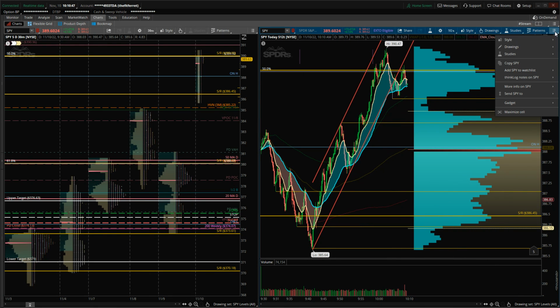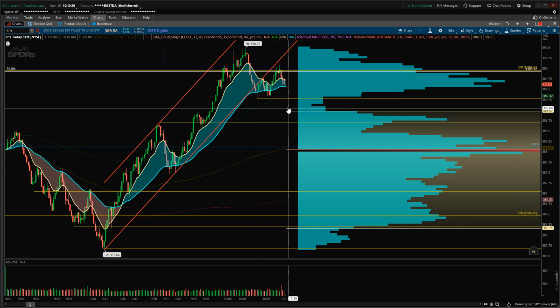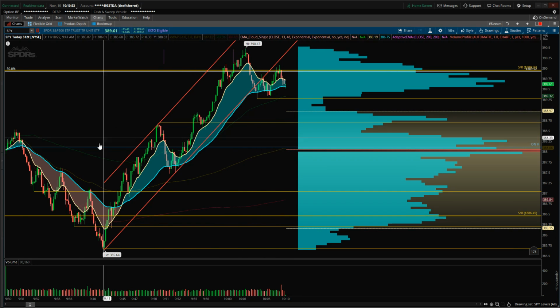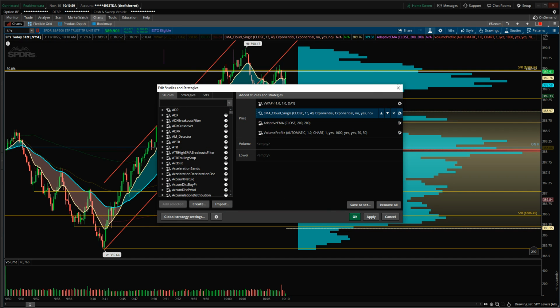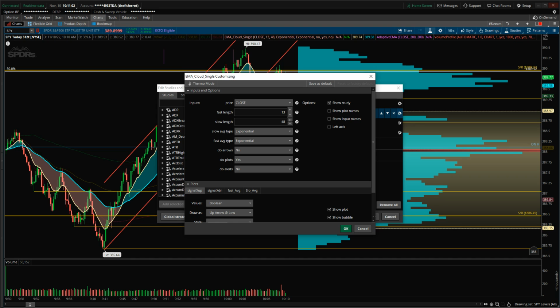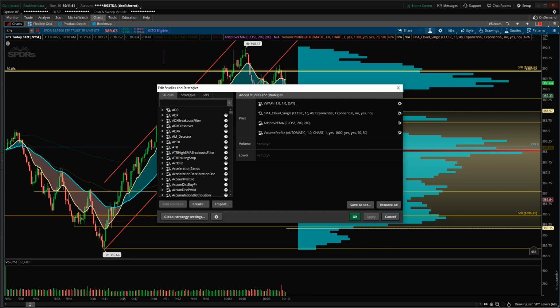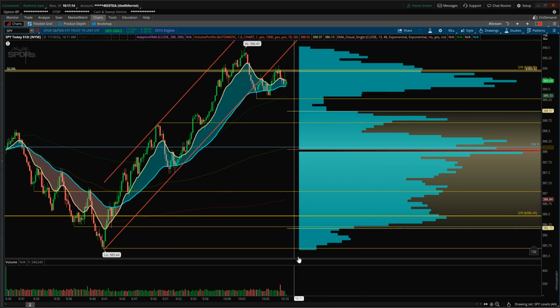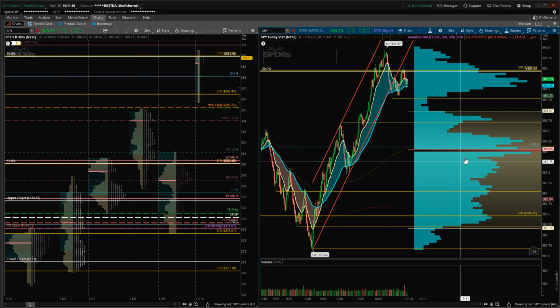I mean, if yours is set up exactly like my stream, yours should look exactly like this. 512 ticks, EMA cloud, 13 for fast, 48 for slow, both set to exponential. Prices attached to the close. Those are the data points. Oh, yeah. Well, if you were looking at 133 ticks, that would be different.